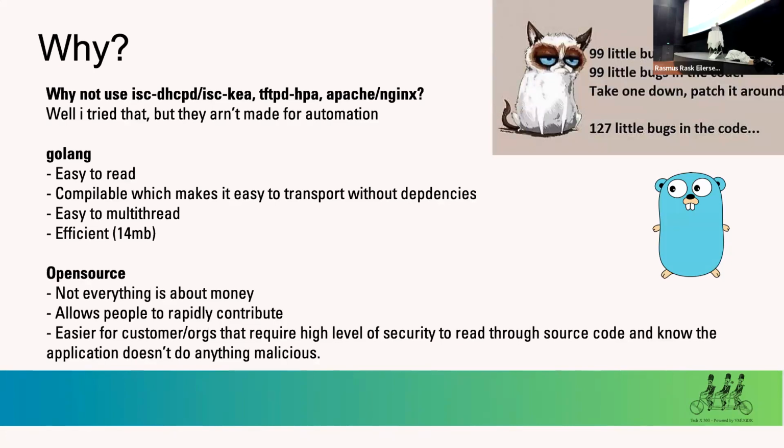And it allows people to rapidly contribute and help if they find bugs or want features, etc. And a lot of people who use GoVia are in the secretive business, let's say, which means that they need to be able to verify the code, that it's not doing anything malicious, to be taken into secure areas, etc. And having everything published open source means that they can do their own code verification and check that nothing malicious is being done in the code.